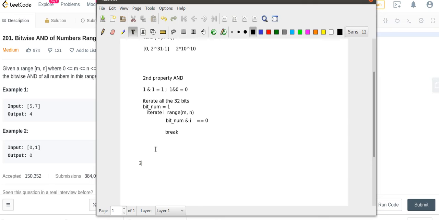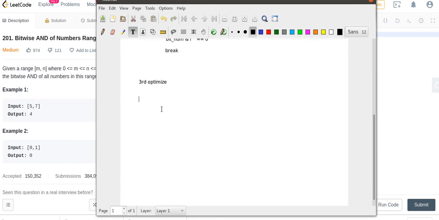And there is a second way that we can optimize again. We can find some patterns here. For example, here is 5 and 7. 5 is 0 1 0 1, 6 is 0 1 1 0, and 7 is 0 1 1 1.